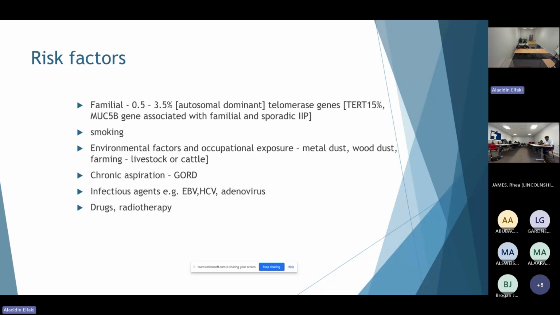Environmental exposure also might predispose to it, like metal dust or wood dust, farming. And some studies found GERD has some relation to lung fibrosis. Infection with Epstein-Barr virus, hepatitis C, and adenovirus also might be a risk factor for lung fibrosis. Drugs and radiotherapy, as we said.